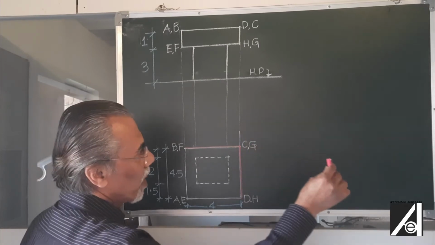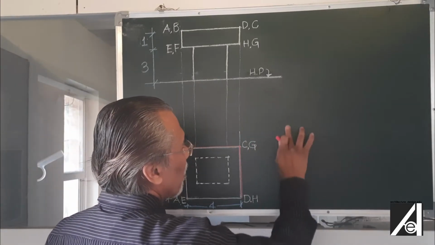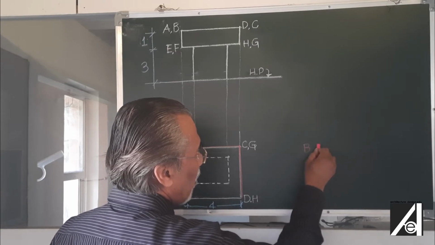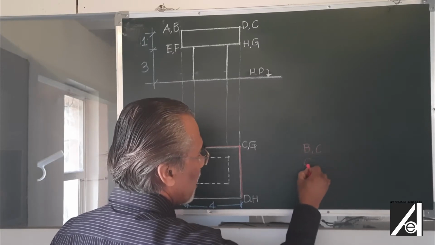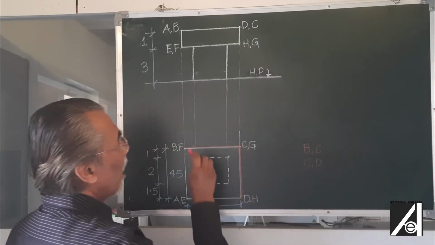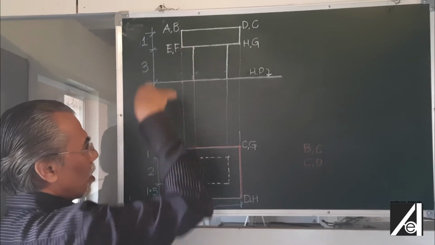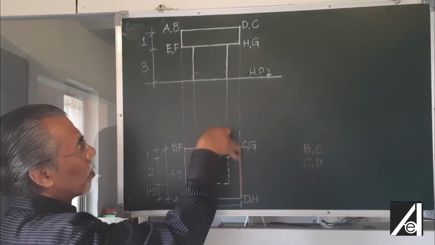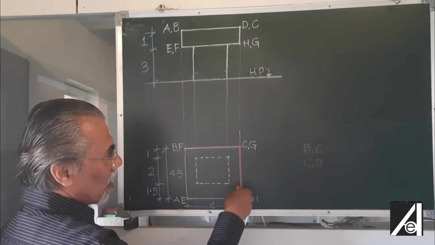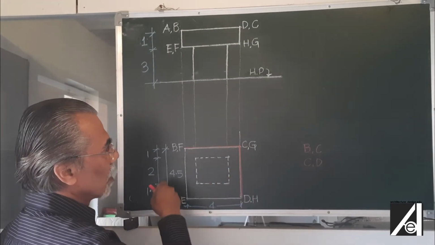So we may list here BC and CD, these two edges, and you can imagine the light coming in this direction.